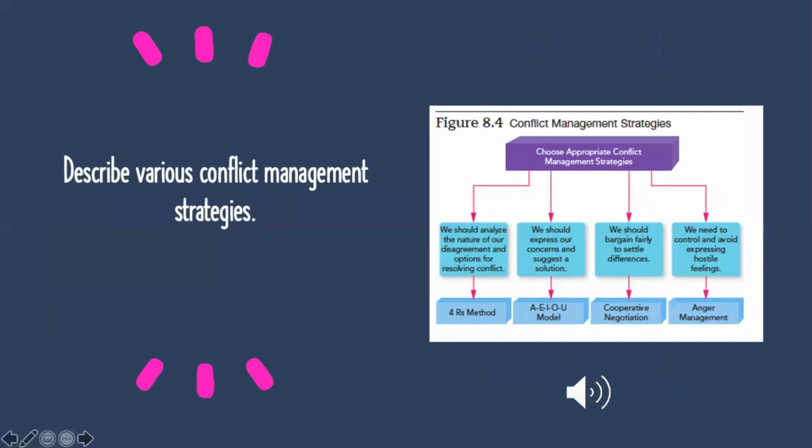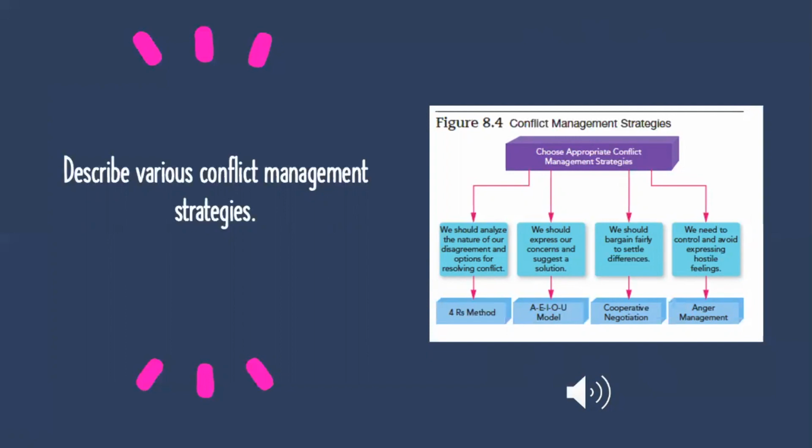Now I'd like to take a moment to elaborate a little bit more on the types of conflict management strategies that we can utilize within group and team dynamics. They're pointed out here as four different categories to look at.